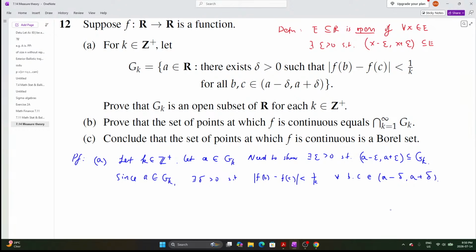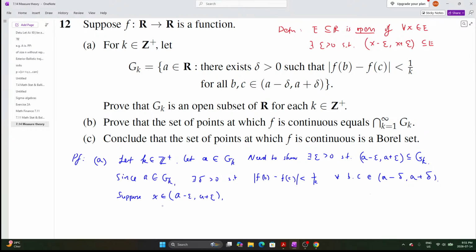So now what do we want? We want to show this inclusion relation, so we need to suppose x is in (a minus epsilon, a plus epsilon). We need to show x is in G_k.